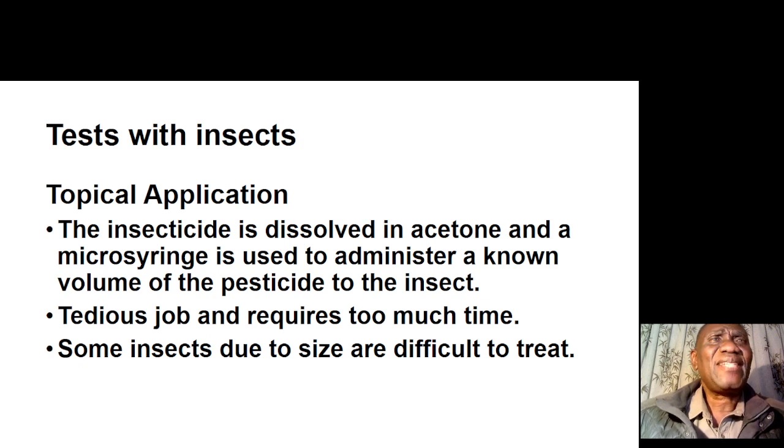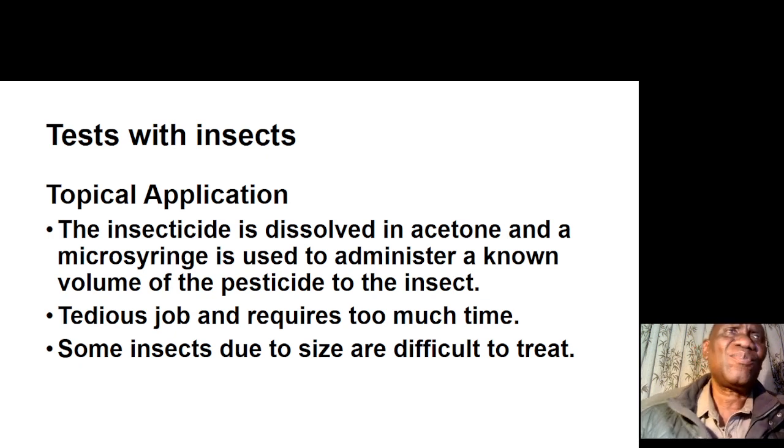So how do we administer the pesticide? There is what is known as topical application. Here in this case, the insecticide is dissolved in what is known as acetone. It's a chemical, and then using a micro syringe you can administer a known volume of the pesticide to the insect.